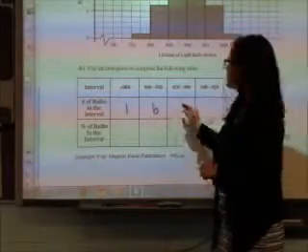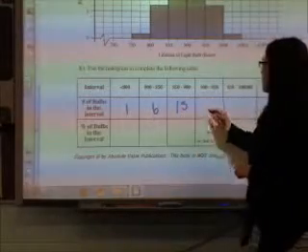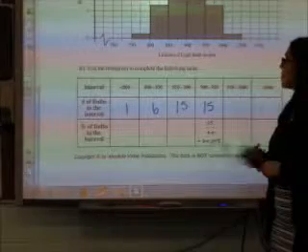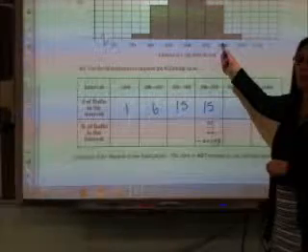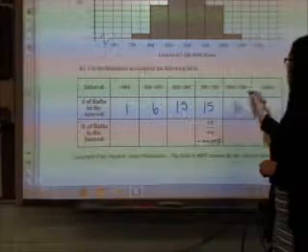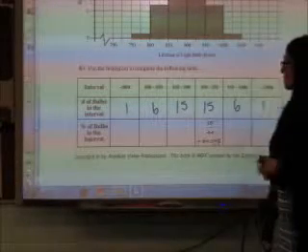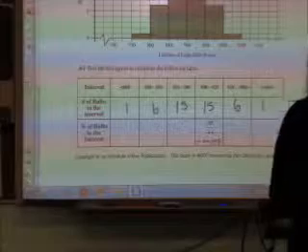How many? 15. And it's the same amount for the 900 to 950 because the bars were even. What about 950 to 1,000 hours? And more than 1,000 hours? So that was 44 light bulbs.